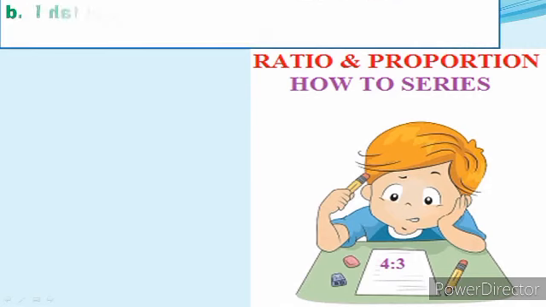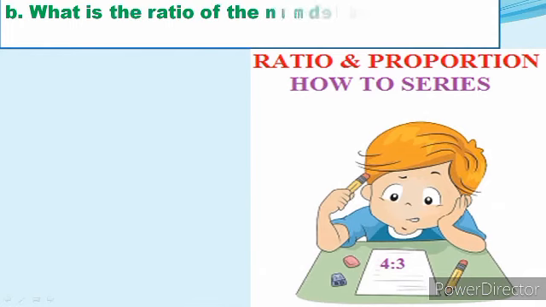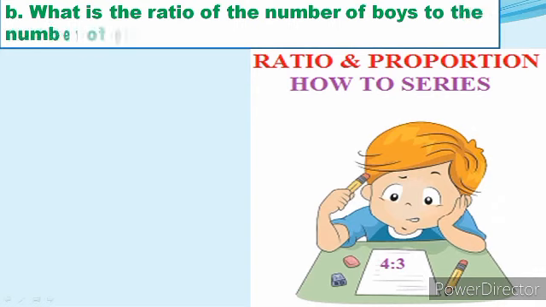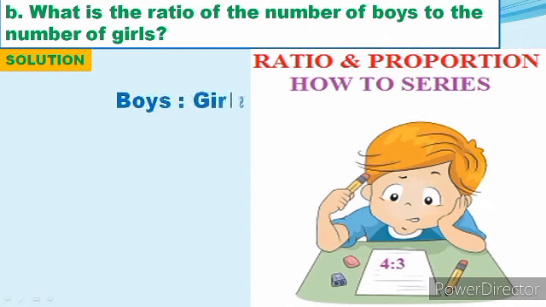This question is a continuation of the question we treated previously. Now B says, what is the ratio of the number of boys to the number of girls? Now they are bringing boys before the girls, so our ratio respectively becomes boys ratio girls. Remember the number of boys is 25 and the number of girls is 15.